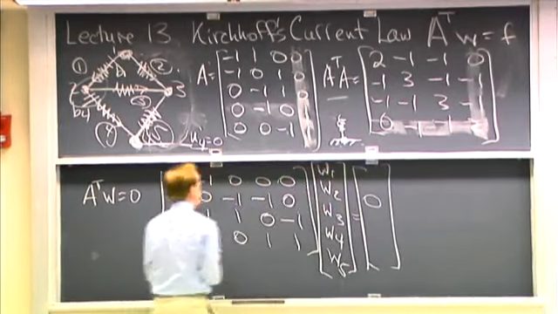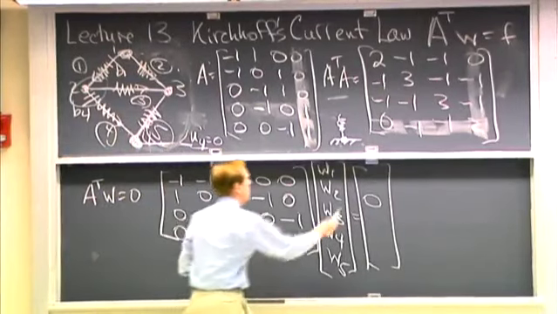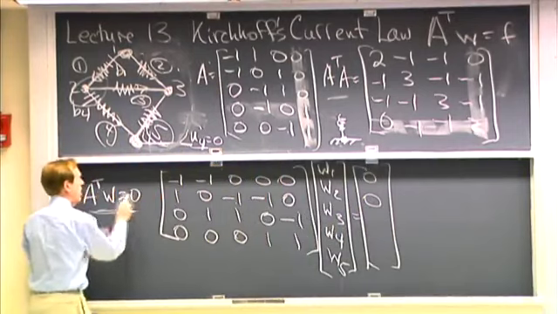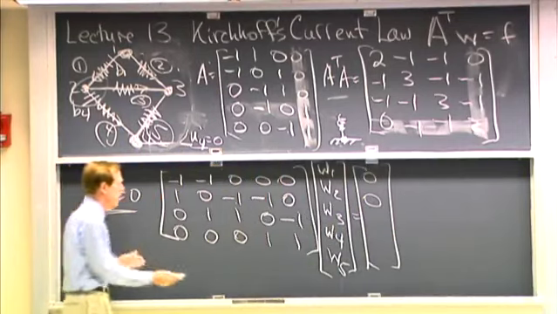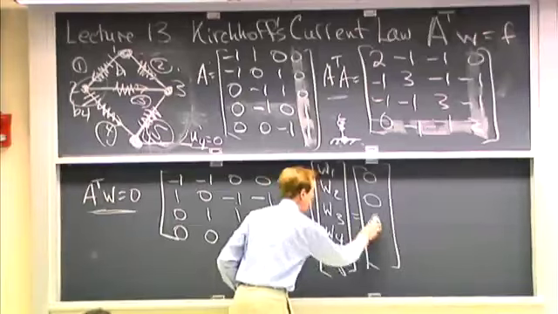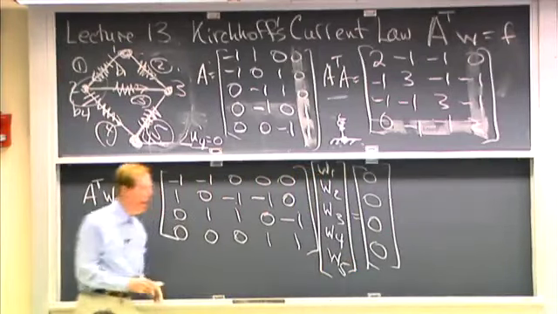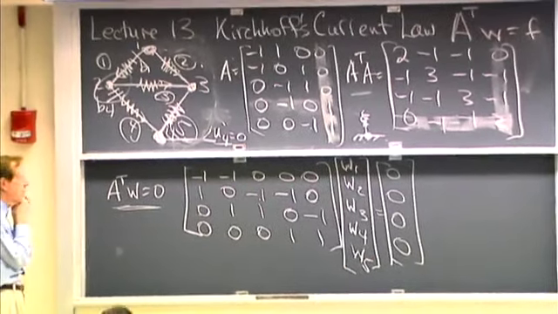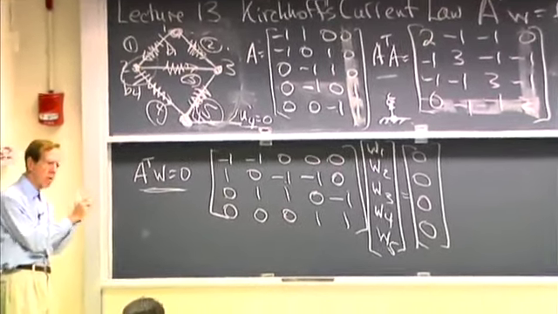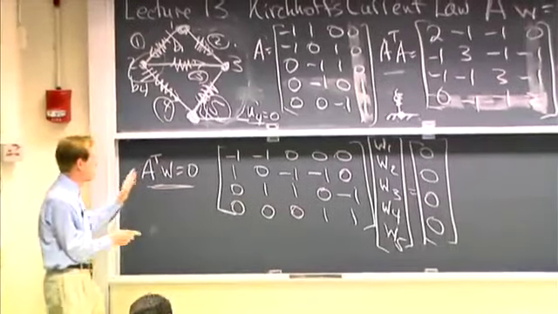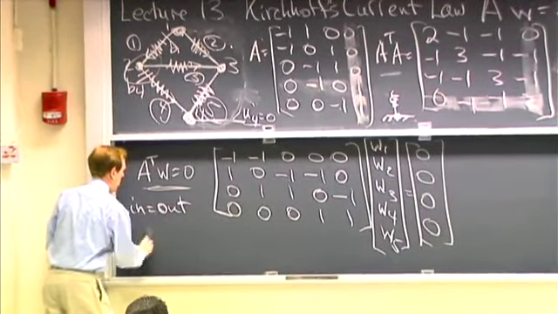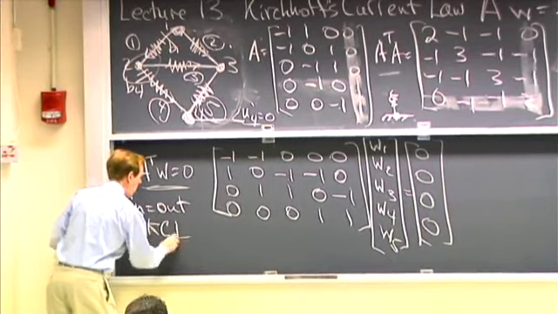This is minus W1 minus W2. So I have a 0. This is with no current sources. Okay, and this one, of course, I guess I'm hoping that you say, yeah, the A transpose really was the right matrix to express in equals out, Kirchhoff's current law. Okay.